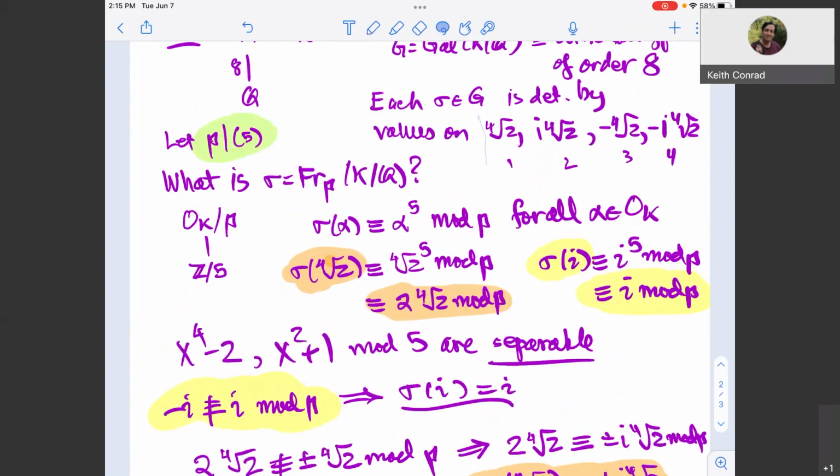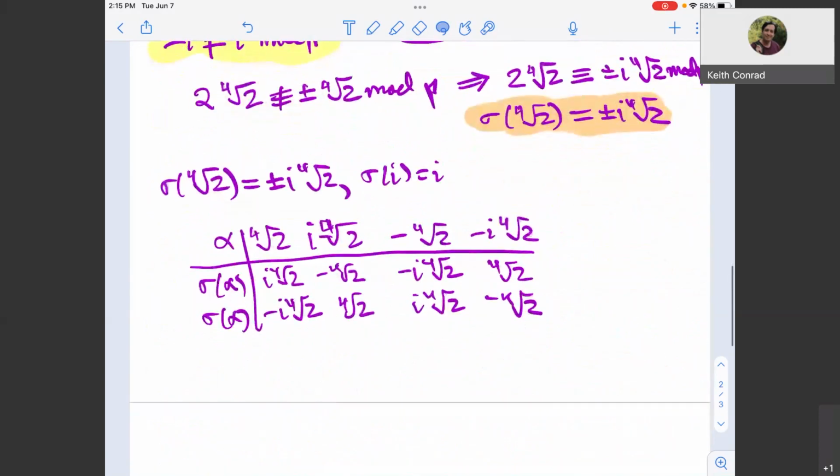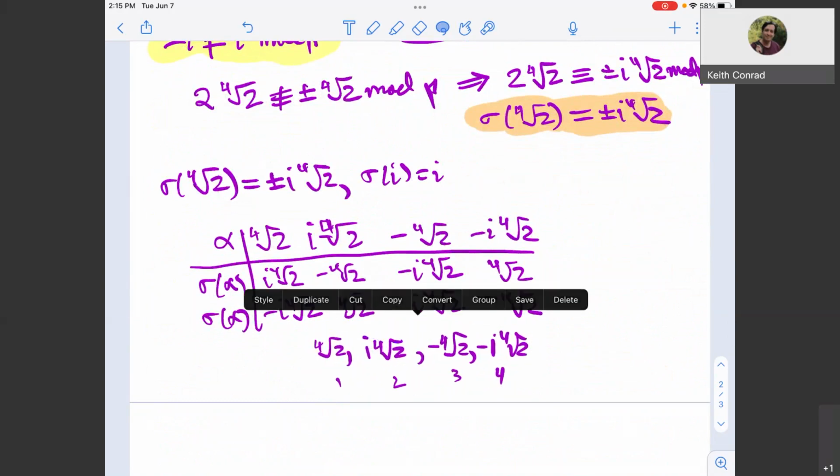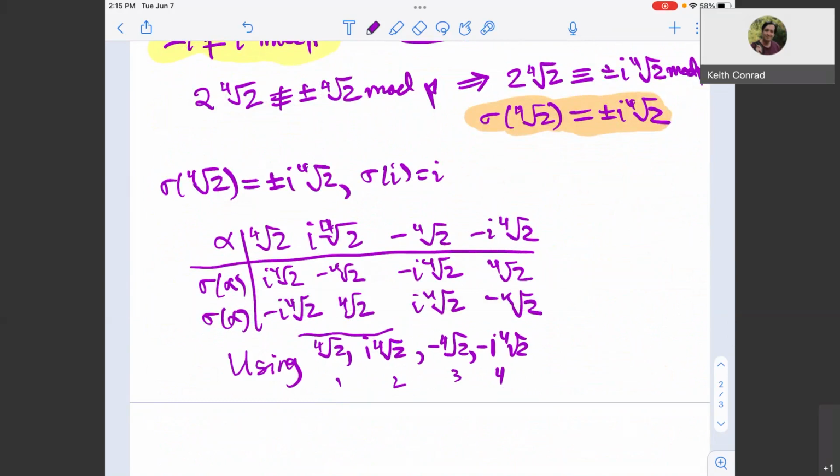Let's copy this. So if we make a little reminder here, okay, so if we use this notational simplification, then in the first row, the 4th root of 2 is 1, and 1 goes to i times the 4th root of 2, which is 2. i times the 4th root of 2 goes to minus the 4th root of 2, which is 3.